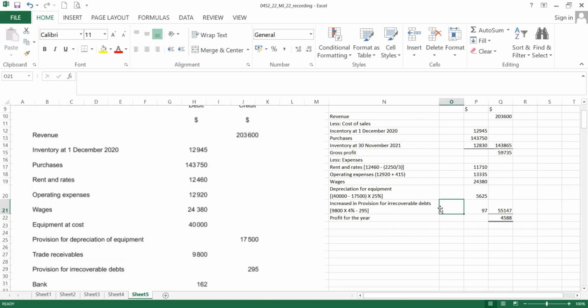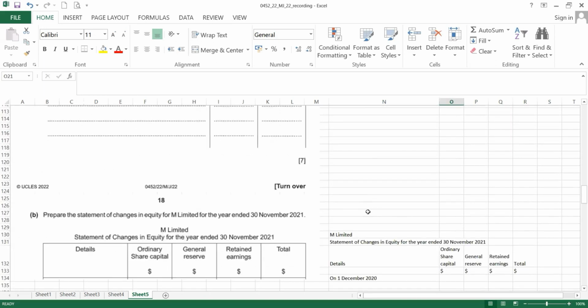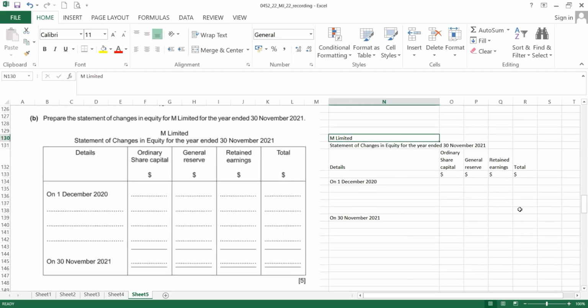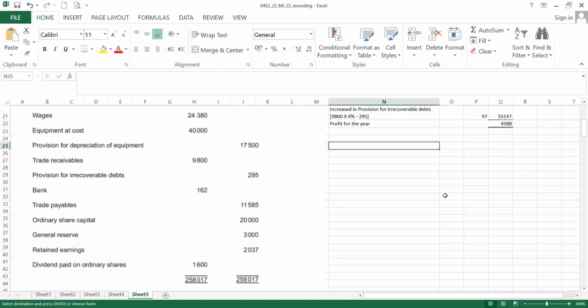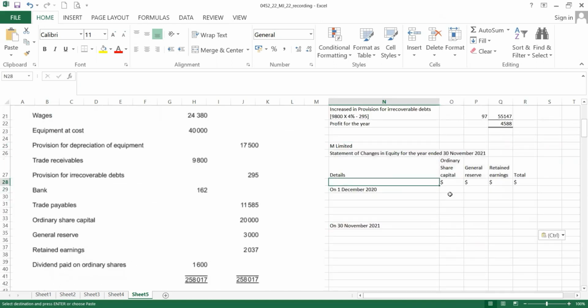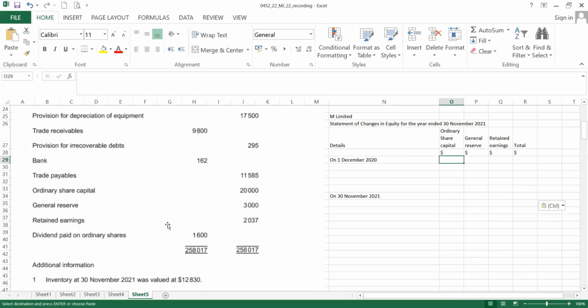Okay, next is they asked to prepare the statement of change in equity. So let's refine the information first. Okay. So our opening capital, we have ordinary share 20,000 and then general reserve 3,000 and then retained earning 2037.